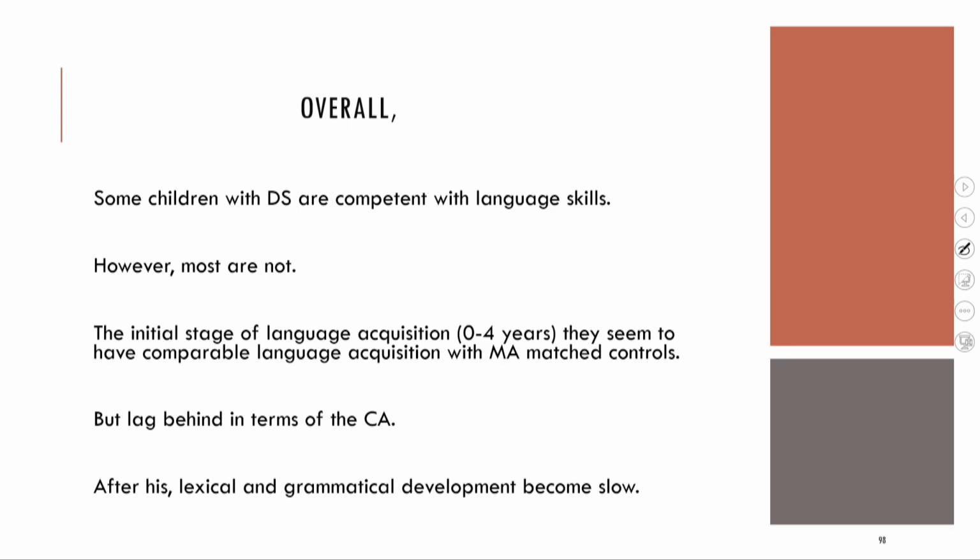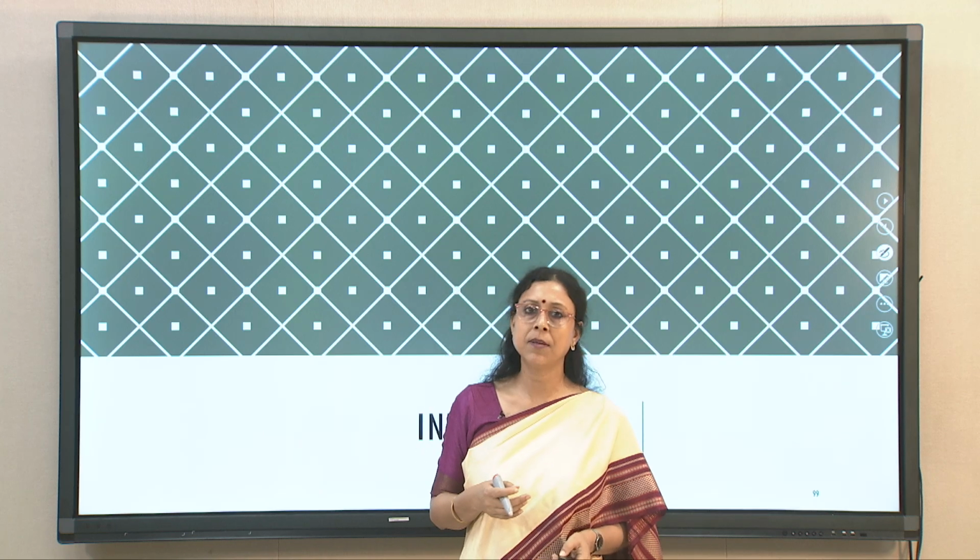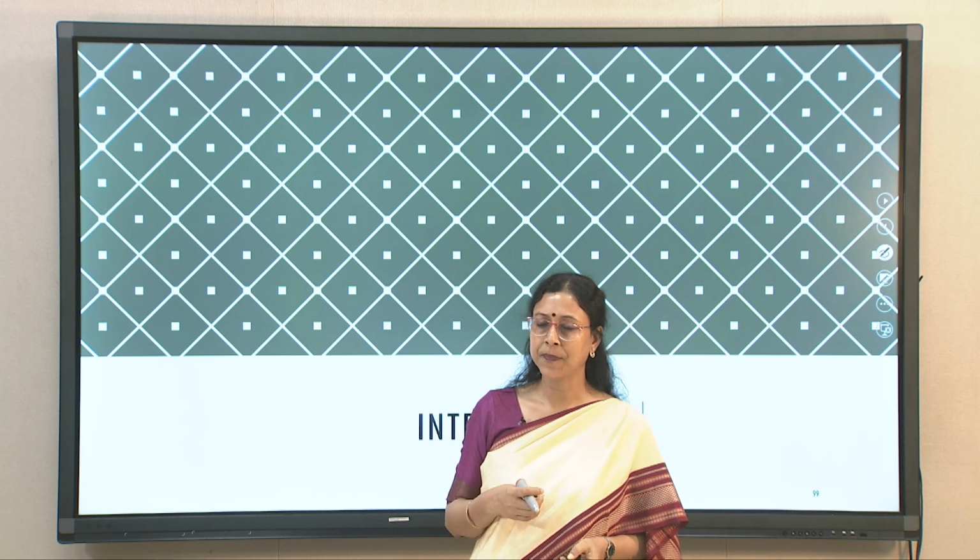In terms of vocabulary acquisition as well as syntactic acquisition, both receptive and expressive, they tend to become slow after a period of time. So, in the initial stages they seem to do well, but later on there is a slowing down. This is about language related problems as far as Down syndrome goes.